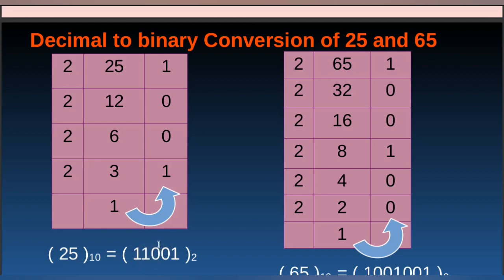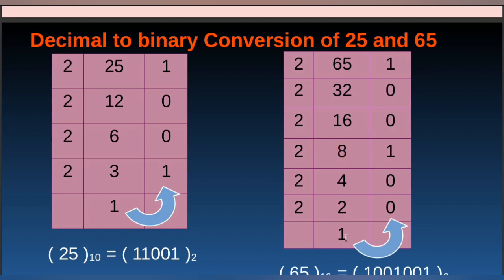We will see it in the next section. Here also 65 is similarly converted into binary form. 65 is divided by 2, we get quotient 32 and remainder 1. Again 32 is divided by 2, we get quotient 16 and remainder 0. Again 16 is divided by 2 and we get quotient 8 and remainder 0.